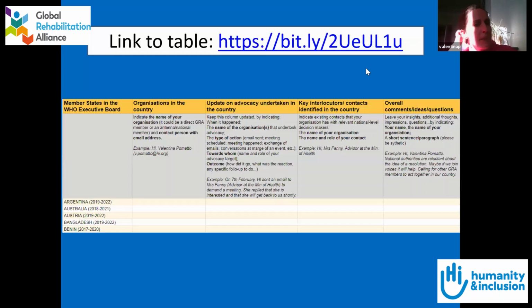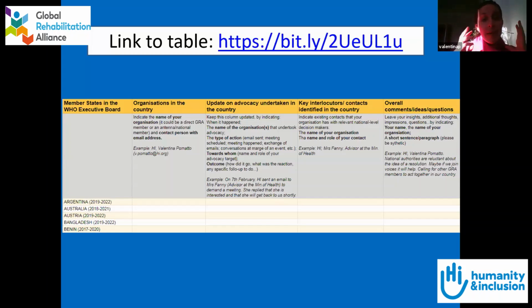The fourth column is about key interlocutors, contacts that you have in the country. So, I don't know, maybe HI in Indonesia could put there that the key contact person is the rehabilitation director of the Ministry of Health.